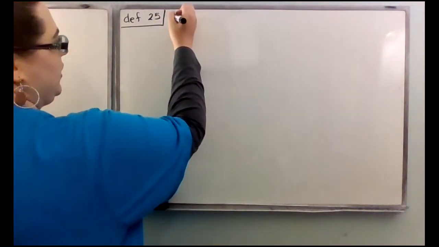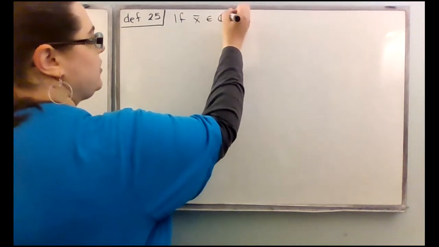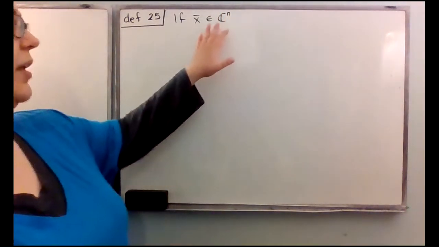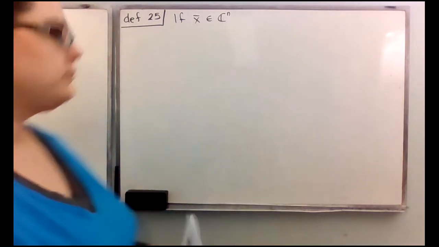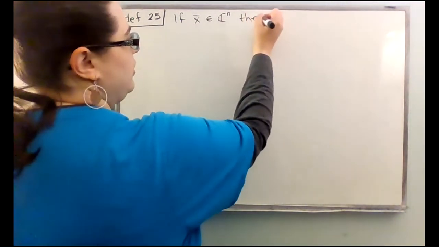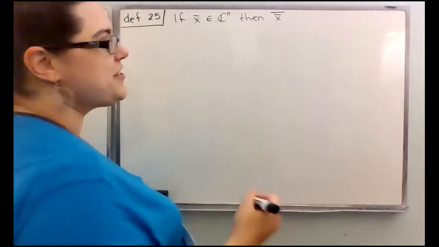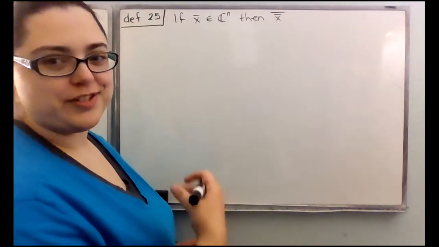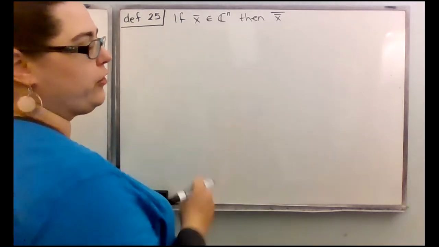So we're going to say if X is a vector in Cn. So Cn is our complex plane, and it's going to have n tuples, just like Rn would, but now they're complex values. Then X bar. If you're able to type a vector, you can use a boldface for your vector, and then you would just have a boldface with a bar over it.